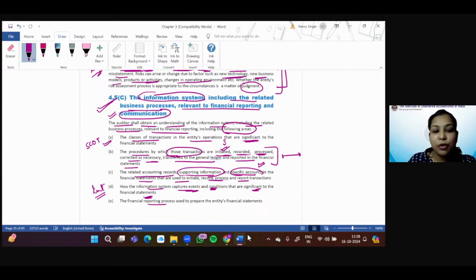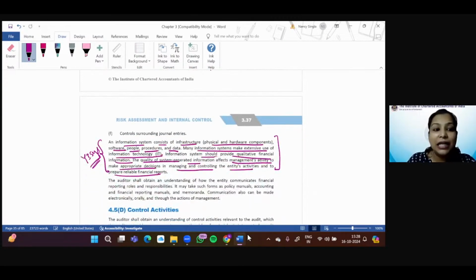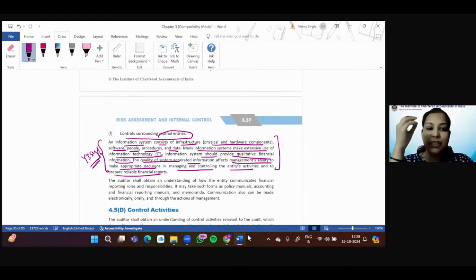The financial reporting process used to prepare the entity's financial statements and controls surrounding journal entries. So if you conclude from these points that we are discussing, it is basically talking about the entire reporting process: how the transactions are initiated, how they are controlled, how the supporting documents are there, how the journal entries are controlled, all those points, right?